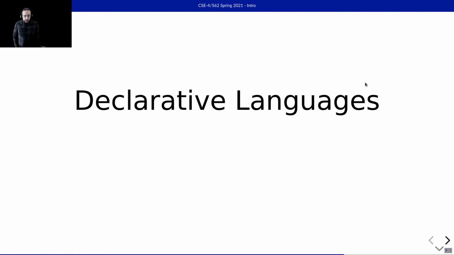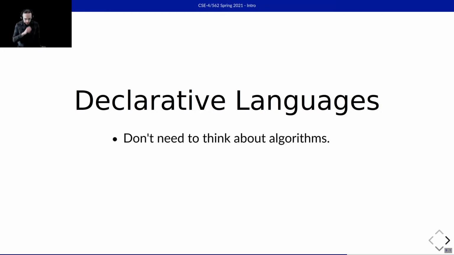And what do I mean by that? A declarative language, as opposed to an imperative one, is a language that allows you to specify what you are interested in rather than how to compute the result. Among other things, this means you don't need to think about the algorithms as you're posing the question.